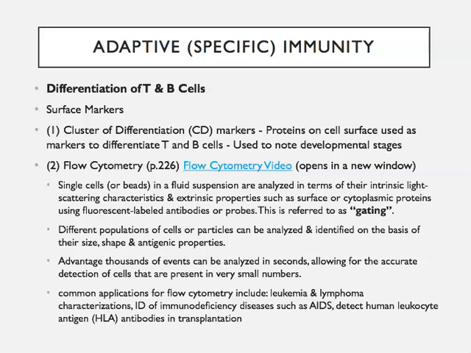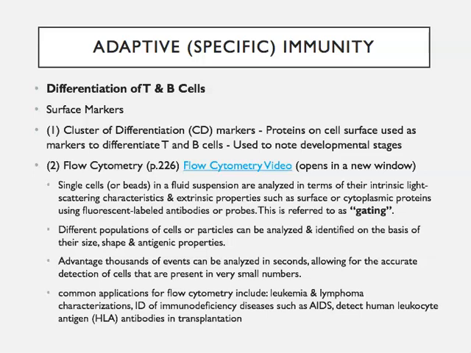One of the big advantages of flow cytometry is that because the flow rate of cells within the cytometer is so fast, thousands of cells can be analyzed in seconds, so it allows for accurate detection of cells that are present in very small numbers.